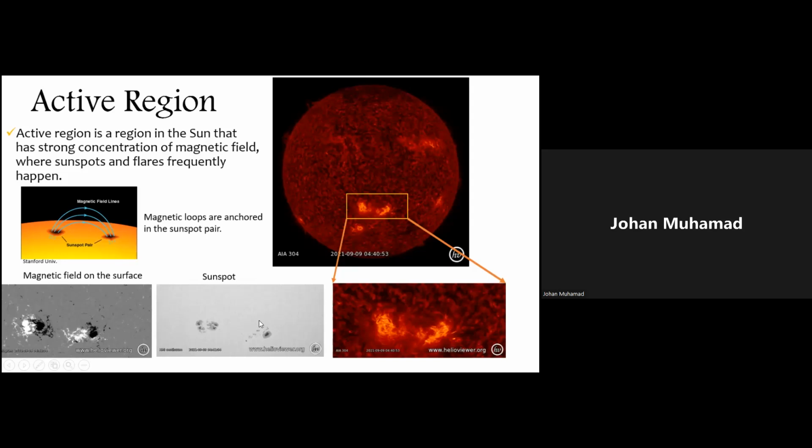And that makes the sunspots look like this. Sometimes we can also see these magnetic field lines in the corona. So that is the active region. It's important to understand that sunspots and flares usually occur in active regions.